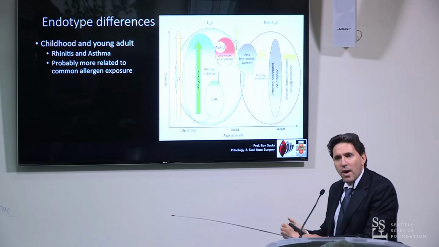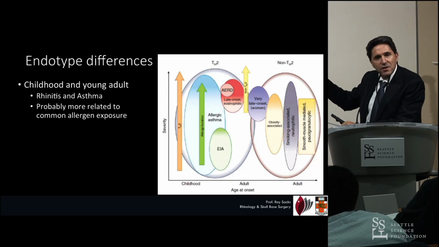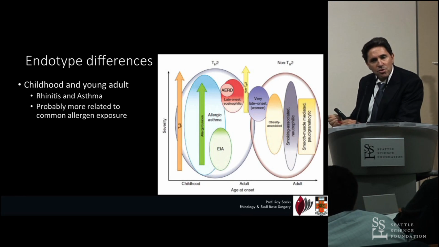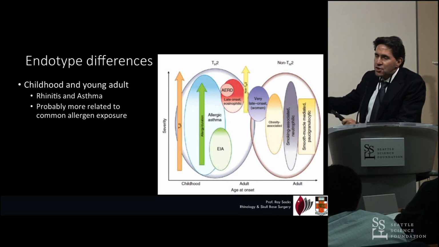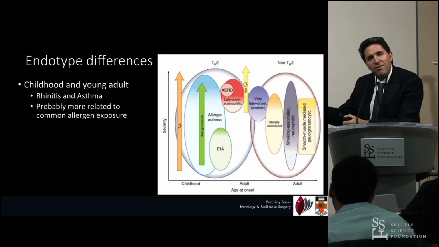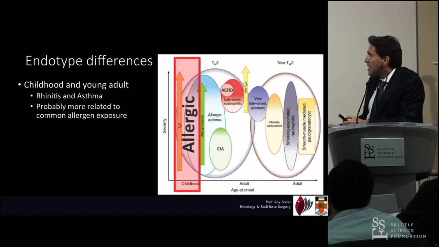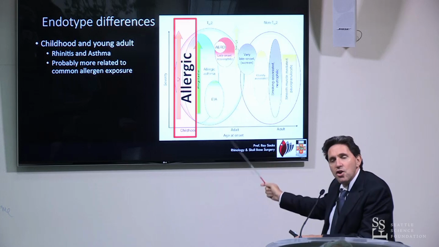So how does this equate to sinus disease? Well, there are endotypic differences and similarities between the two. And what we really want to try and do is look at what group we have. I'm going to try and oversimplify the whole concept of sinus disease in terms of how we can manage it. So our first group is this allergic group.